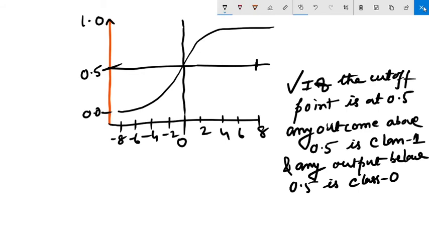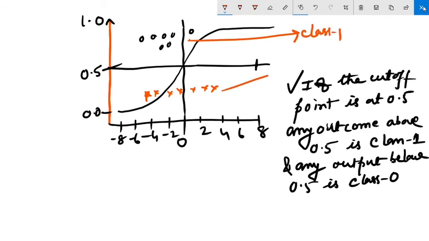Okay, so this side is class 1, let's say, and this side is class 0.